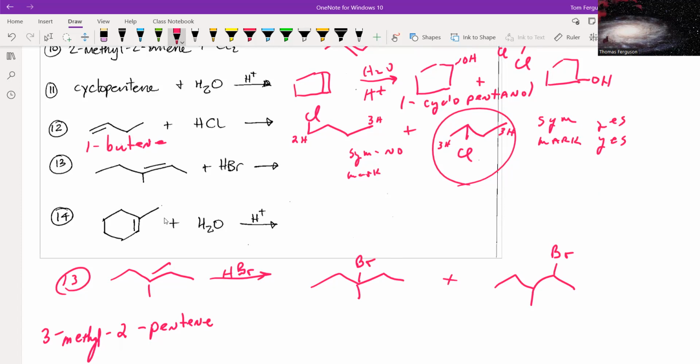Okay. So we have Markovnikov, symmetry. So left or right? Which is more symmetrical, first of all, left or right?